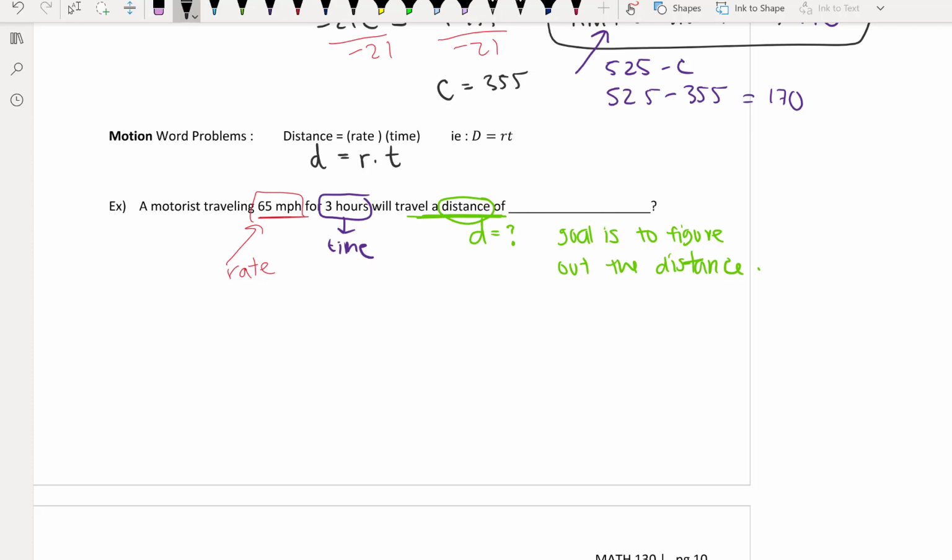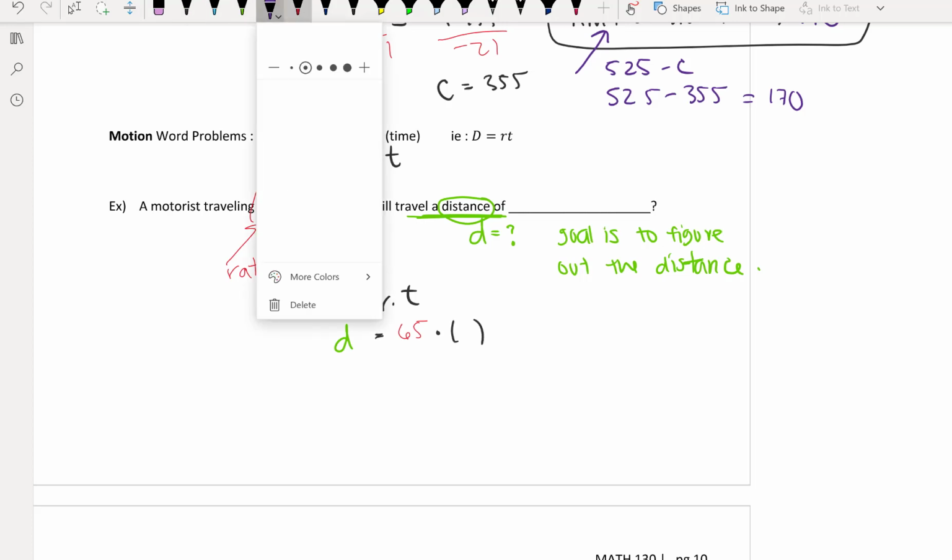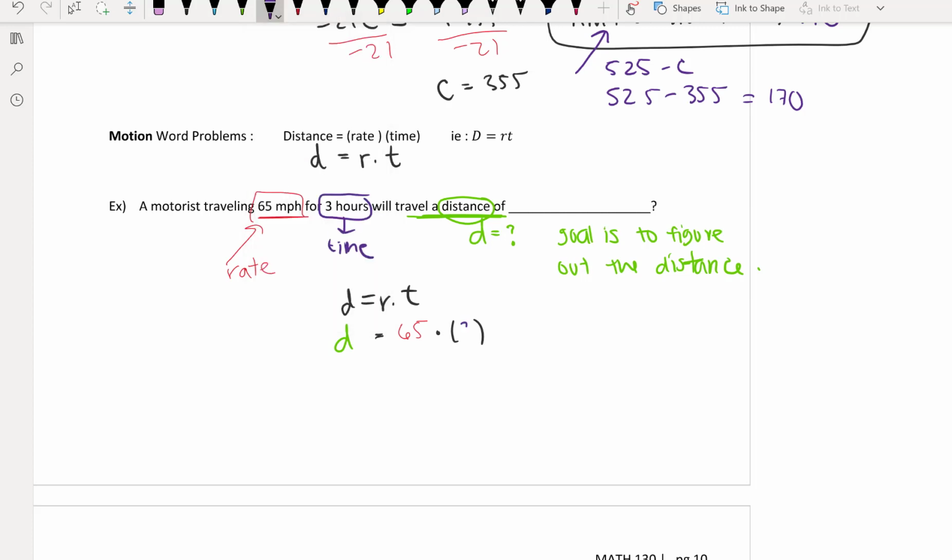Okay, so now if I have that generic formula of distance is equal to rate times time, then the distance is that thing that I don't know the value of. So let's just keep it as D. I have my rate as that 65, and it's being multiplied by my time, and the time here I said it's going to be 3.